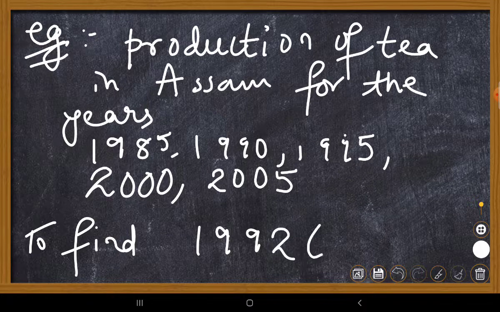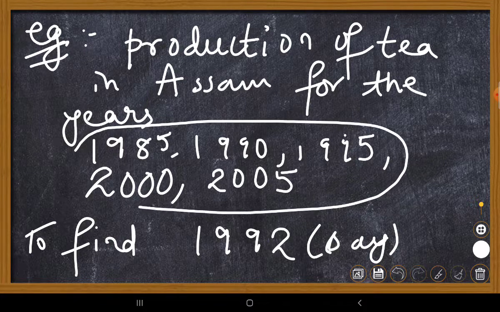Suppose we want to find the production of tea for the year 1992. Notice here that this year 1992 lies within this range 1985 to 2005. So what technique do you have to use here? You have to use the technique of interpolation.